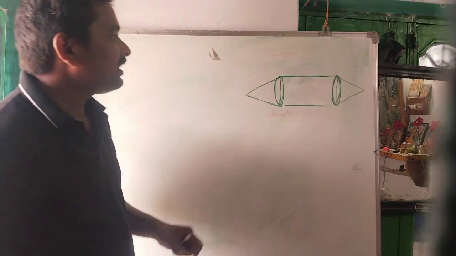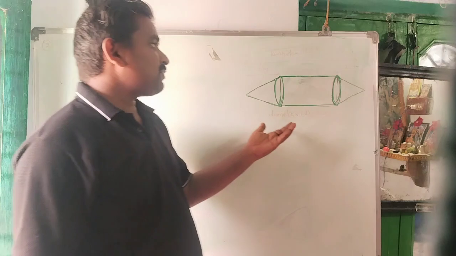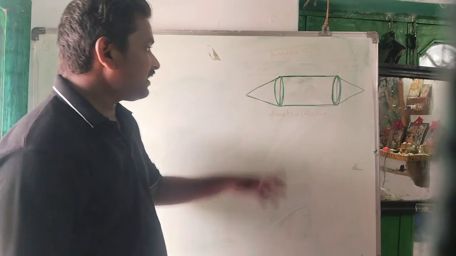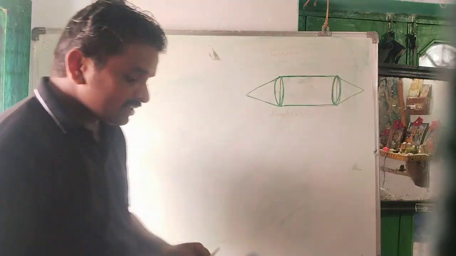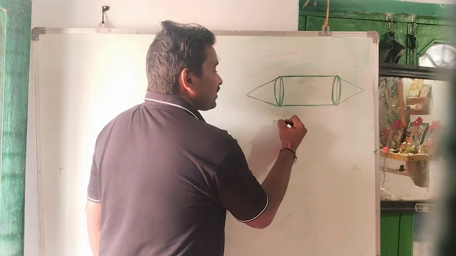One solid figure is given, and that figure is formed by two cones and one cylinder. These three figures have one common diameter, 3 centimeters. Then what about the radius?